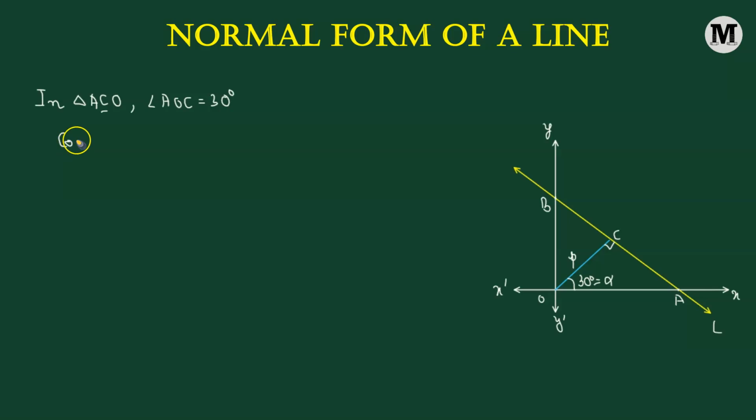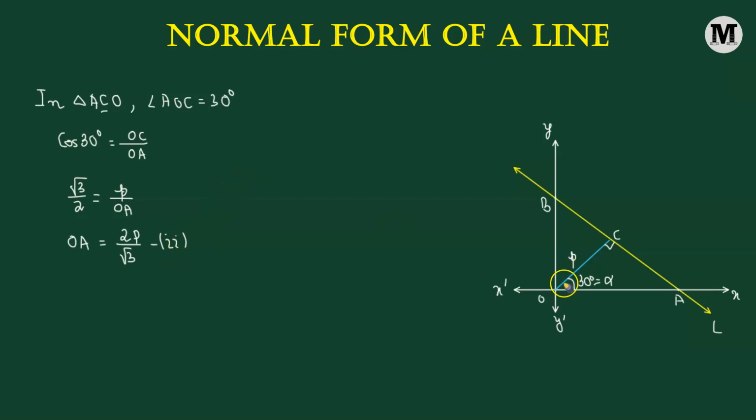Cosine of 30 degrees is the ratio of the adjacent to the hypotenuse, so OC divided by OA. Using the value of cosine 30 degrees, square root of 3 over 2 equals OC, which is denoted by p, divided by OA. Isolating OA, we get OA equals 2 times p divided by square root of 3. We'll label this as number 2 and keep it aside.